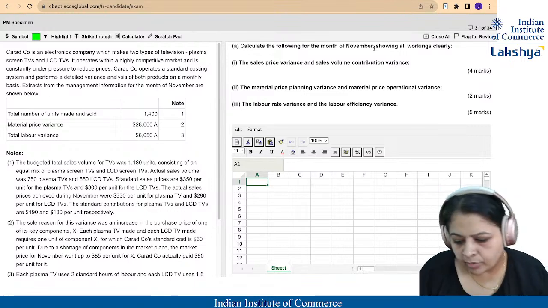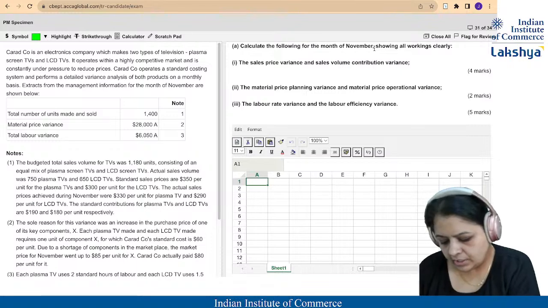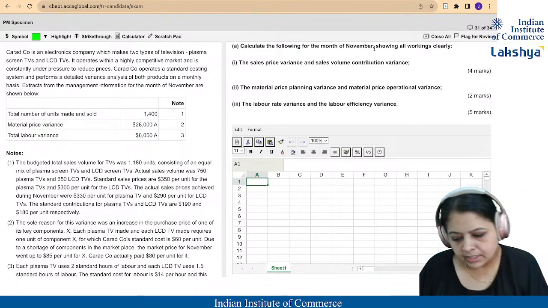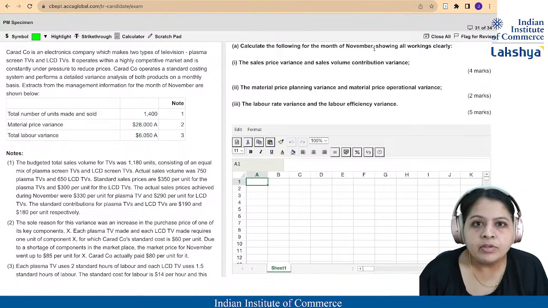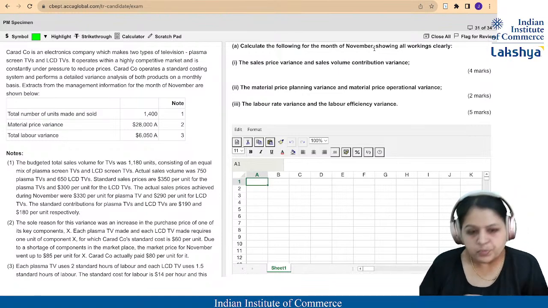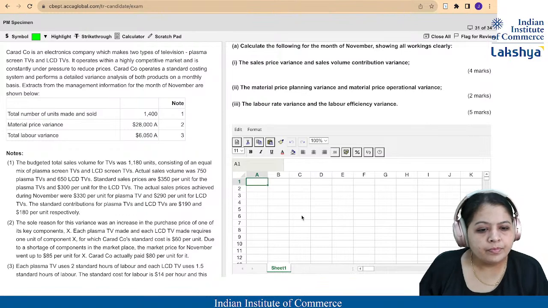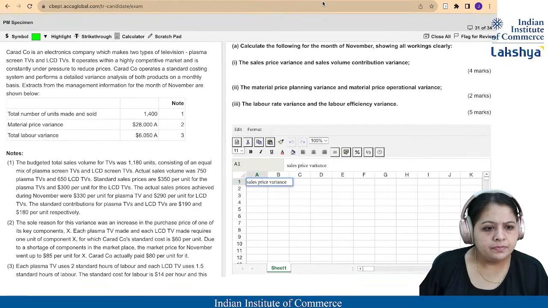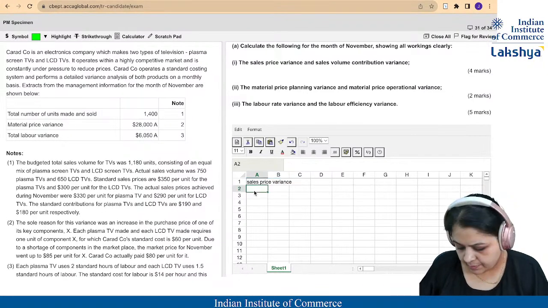Here I'm directly going to use the Excel sheet because we have got it, so we might as well use it. The first thing we need to find out is our sales price variance.